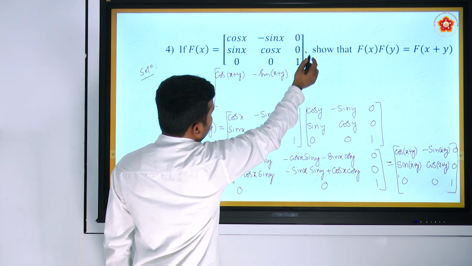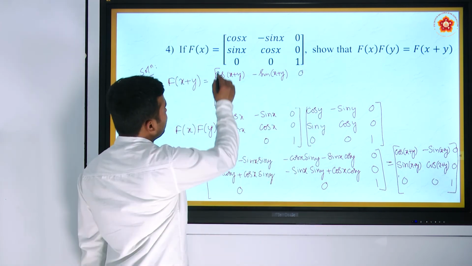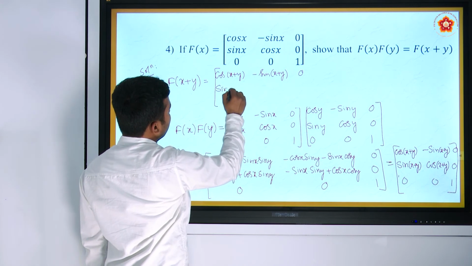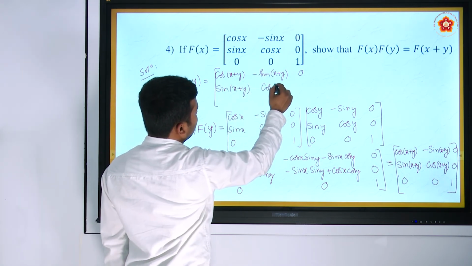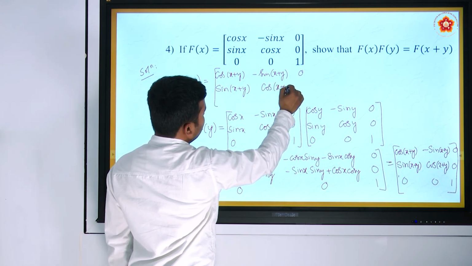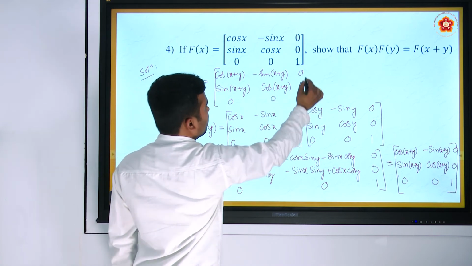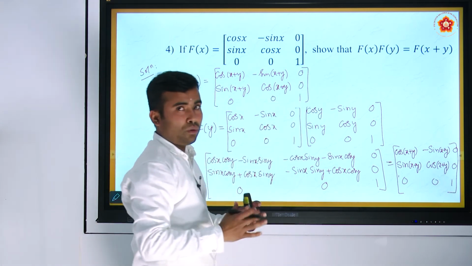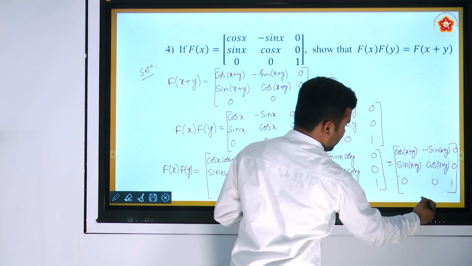And here there is no x or y, so you just keep the same element. And here sin x is there, so in place of x I will put x plus y, and in place of cos x I will write cos of x plus y, and this element is 0, 0, 0, 1. So you can call it equation 2 and you can call the other equation 1.